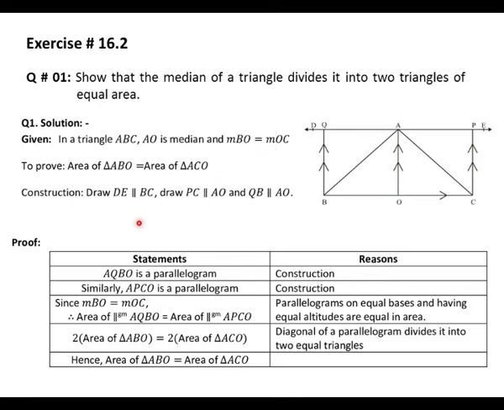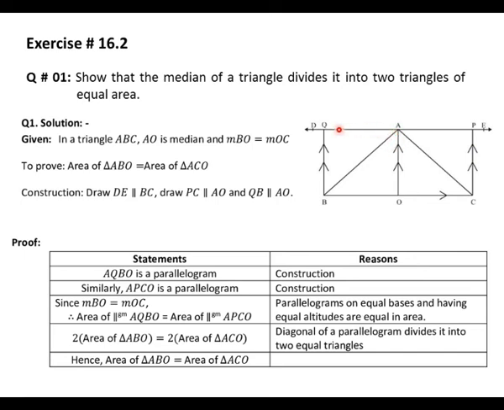Now moving to the proof. AQBO is a parallelogram. Yes, because AQ and OB are parallel to each other, and QB and AO are parallel to each other as well, as we have drawn in the construction.